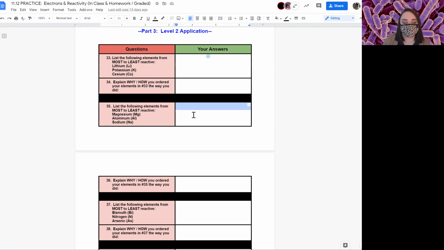Okay, so how many valence electrons does magnesium have? 2. Good, Ayana. Is there any element there that has less valence electrons?